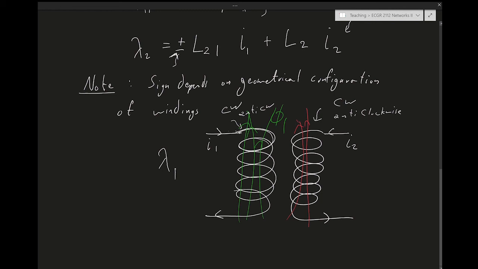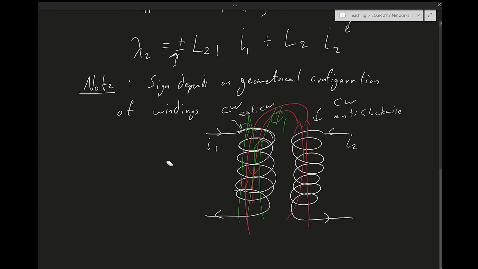Again, if you go back to physics 1 or 2, it depends on the right hand rule, right? So this would be a configuration where the flux is coming out in this direction, and when the flux reaches coil 1, the flux due to coil 2 is opposing the flux due to coil 1. So it's always in an opposing configuration due just to the way we wound coil 2, right?